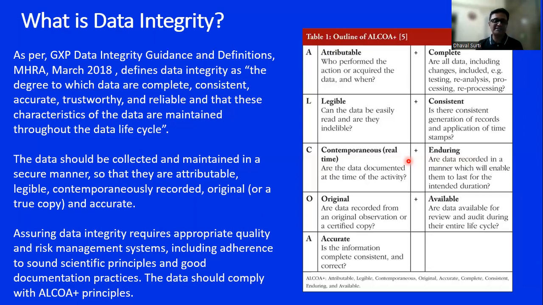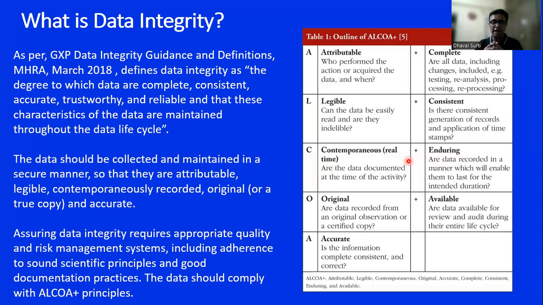And finally, it is available. Available means whatever data are generated should be retained, especially by the quality control unit. So data should be retained by the quality control unit in documentation cells. So whenever the data is required, it can be produced. It can be asked by the auditor, it can be asked by the internal auditor, it can be required for the investigation.